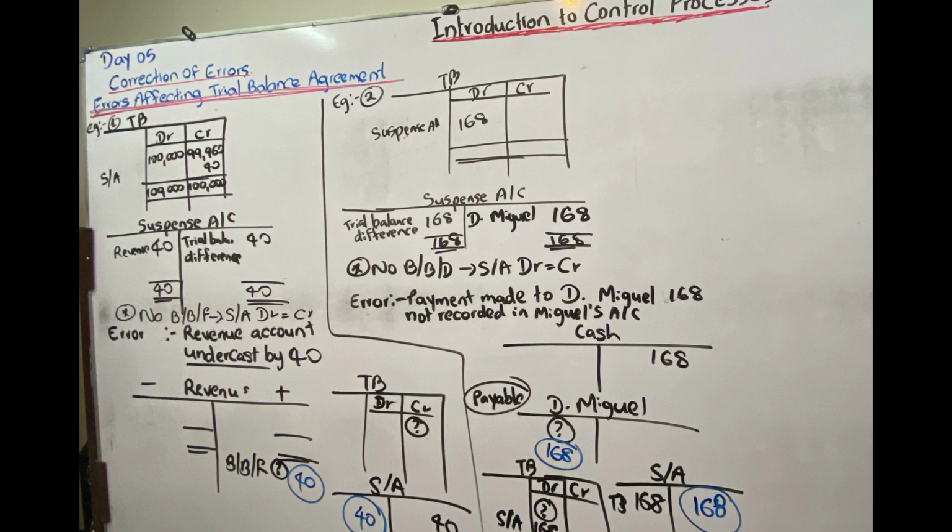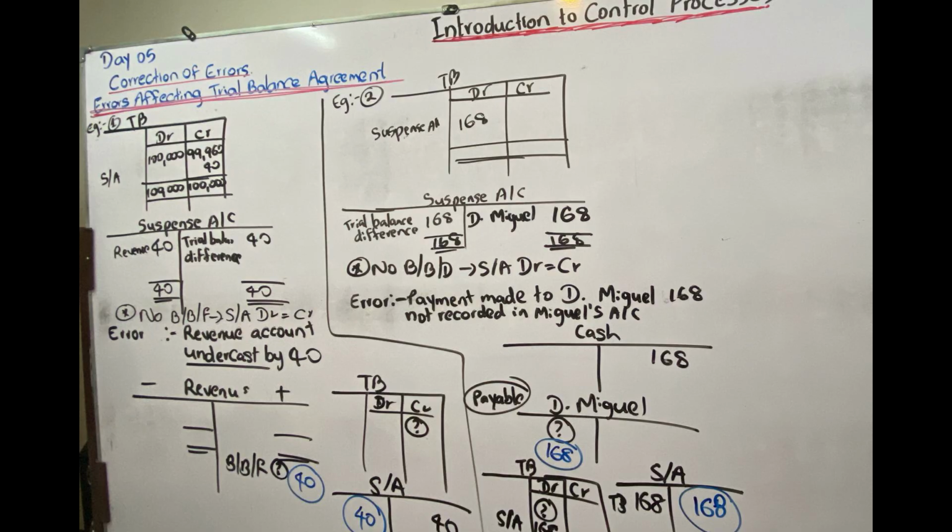Without the correction entry, what will happen? We debit here and we take it here. Once the error is corrected, the suspense account should be 0. That's why we credit here. Once we credit it, the suspense account balance goes to 0. So here we credit D Mitchell.